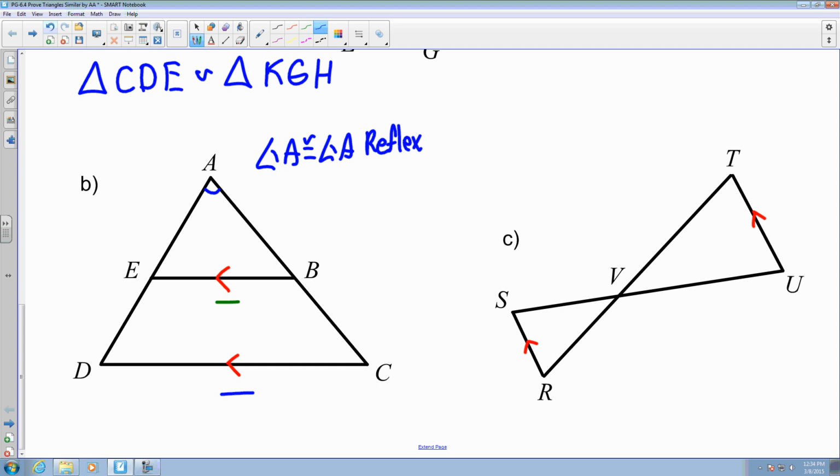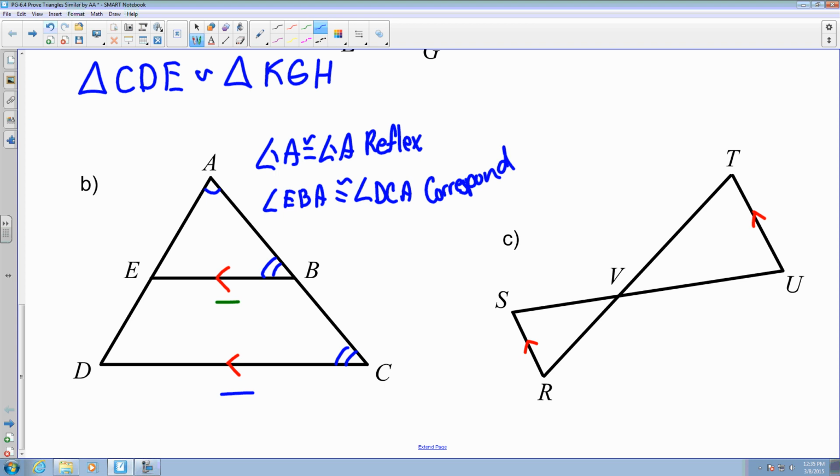Then, since these are parallel, I can say either one of these. So like angle EBA is congruent to angle DCA. And the reason why that's true, so I'm just going to say angle EBA is congruent to angle DCA because of the corresponding angles.